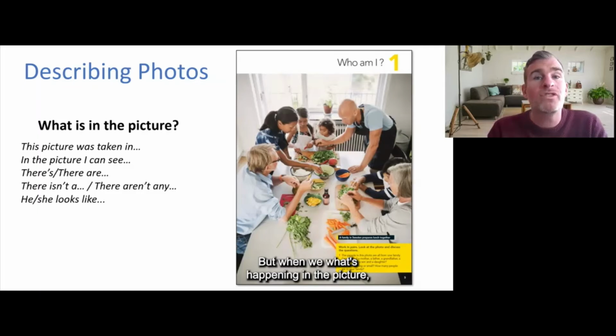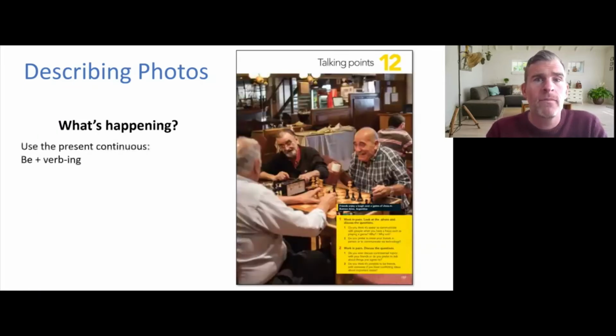But when we talk about what's happening in the picture, we have to use the present continuous. So remember, we make the present continuous by using a form of be. So I am, you are, he or she is, we are, they are, plus the verb and the ing ending.